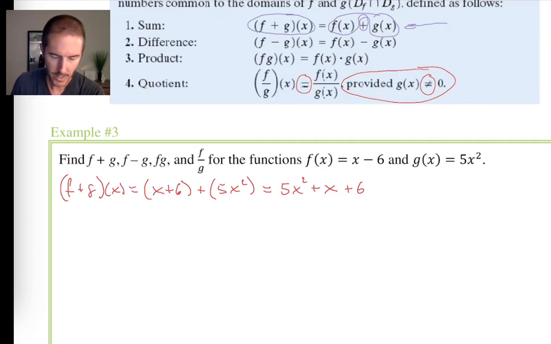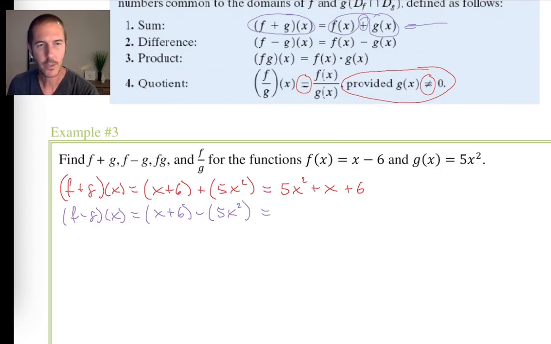Then let's subtract our functions. F minus g of x. So again, we have our first function, f of x, x plus 6, a minus sign this time, and then our 5x squared.